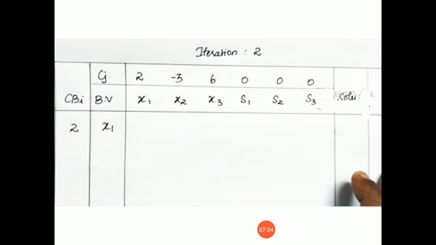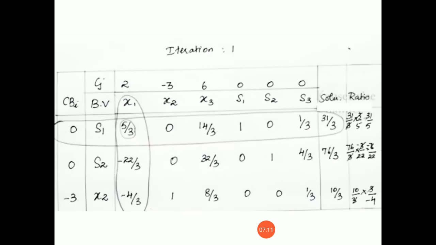Now next step, we're going to fill the row corresponding to x1. As I've already told you in my previous slides, the formula is old values divided by key element. From iteration table 1, I got my key element to be 5/3. Here the old values are the values of iteration table 1, and since x1 has come by substituting s1, for old values we'll consider the s1 row.